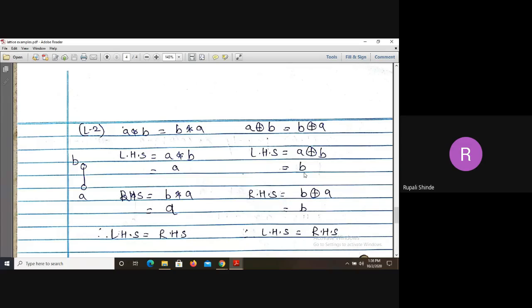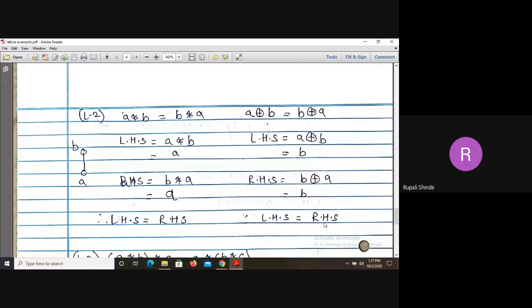Again it is B. So that is written here, and RHS is given as B XOR A. Again we have to consider two elements A and B, and for these two elements least upper bound is B. So here we can say LHS is equals to RHS. So in this way we have proved here commutative property, that is A star B is equals to B star A, and A XOR B is equals to B XOR A.